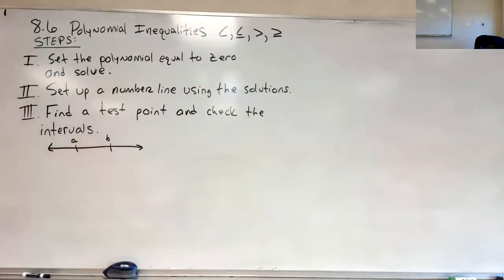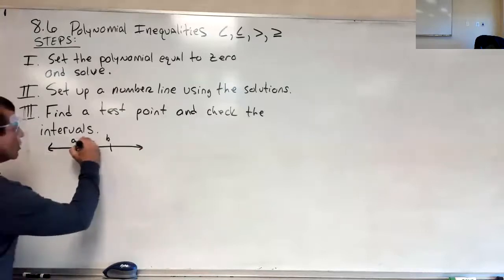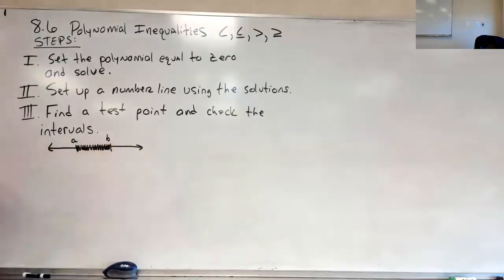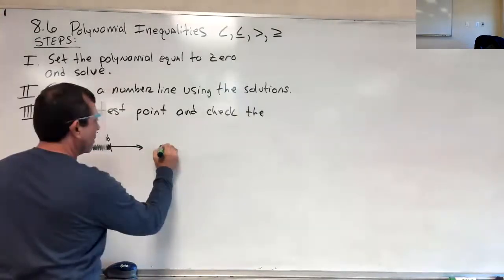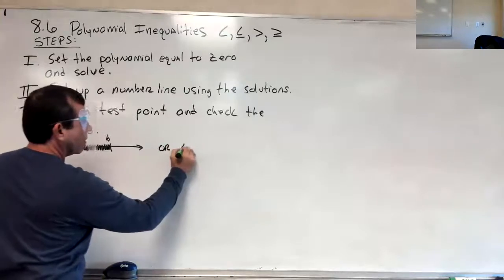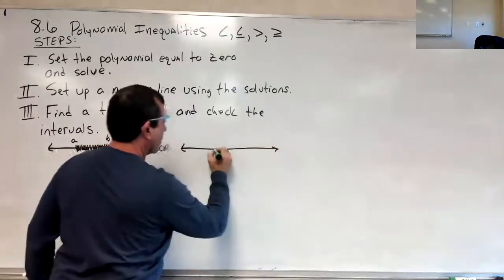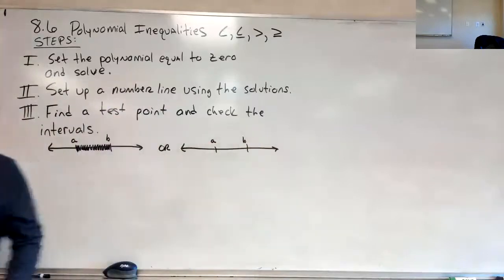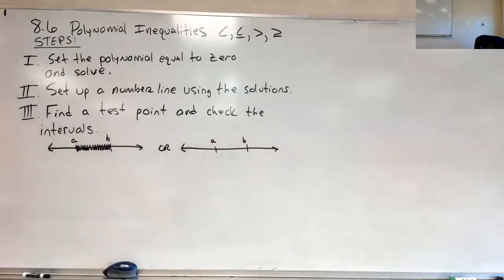Say A and B are my solutions. One pattern my answers will be is it's going to shade in between the A and B. Okay. The other style on our answers, it'll shade the outsides and leave the inside alone.